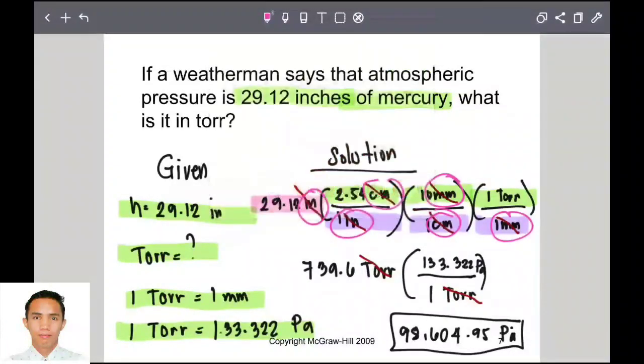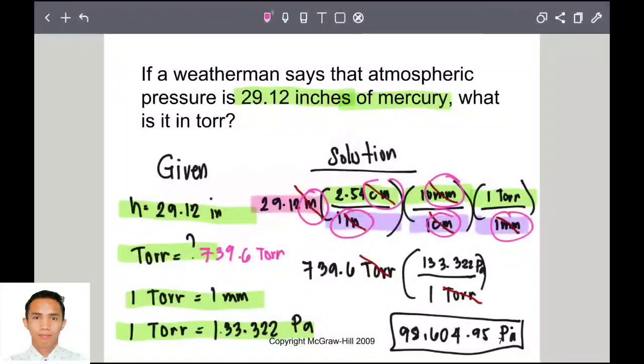We're going to write 739.6 for torr. Now let's convert to Pascal. Here 1 torr is equivalent to 133.322 Pascal.